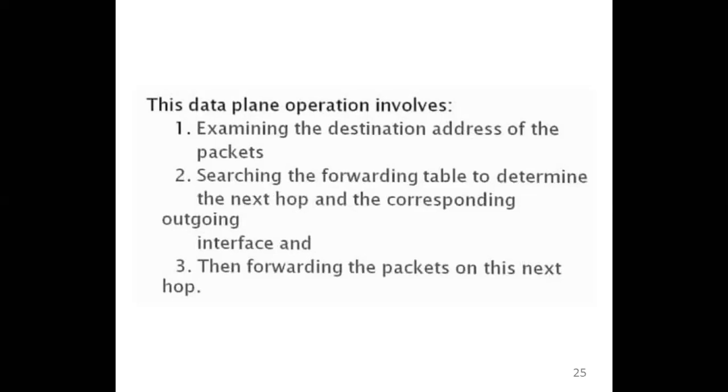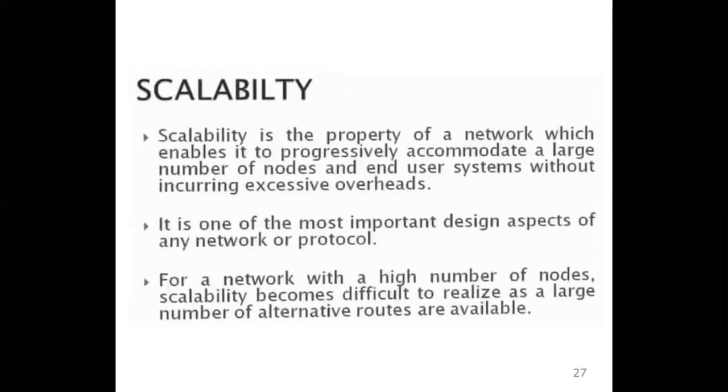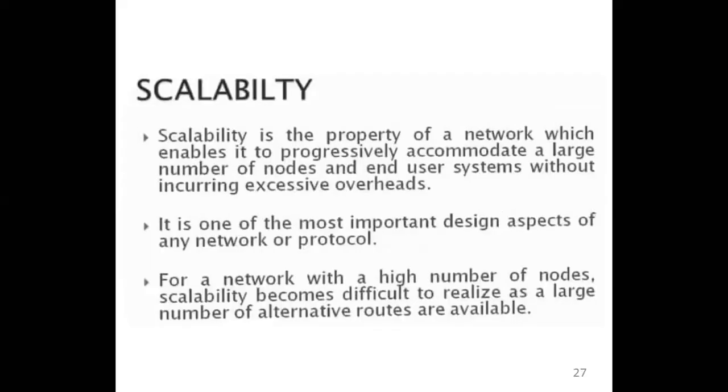And then we looked at modularity, which basically allows addition or reduction of networking nodes. And then we looked at scalability, which allows us to add devices at any particular point in time.